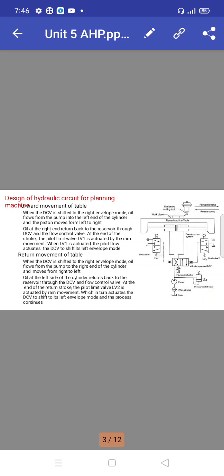At the end of the return stroke, the pilot limit valve LV2 is actuated by the ram movement. This is the main component in a planer mechanism, the ram movement. The ram executes all the process, that is, the table movement of the system.